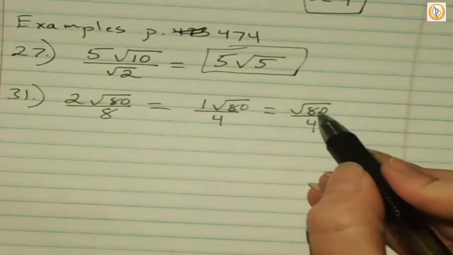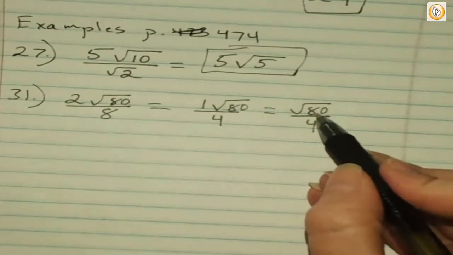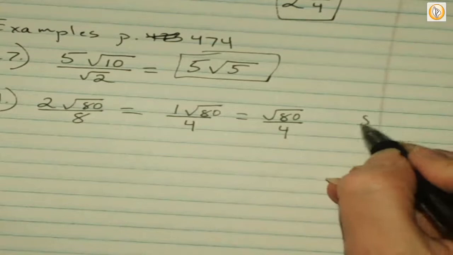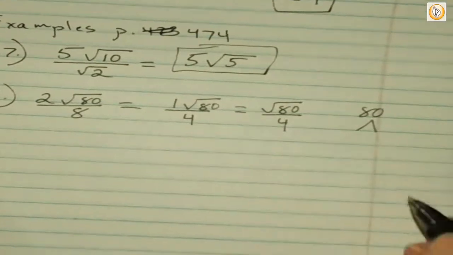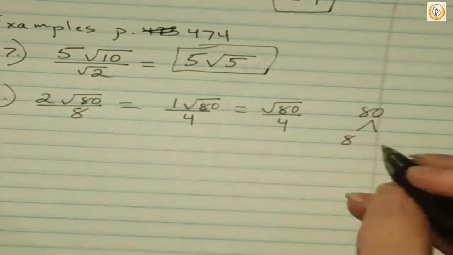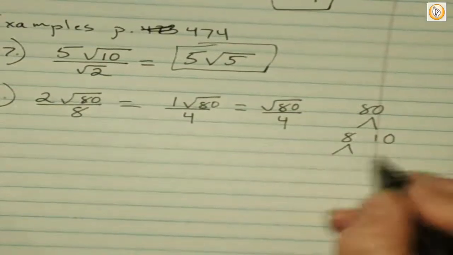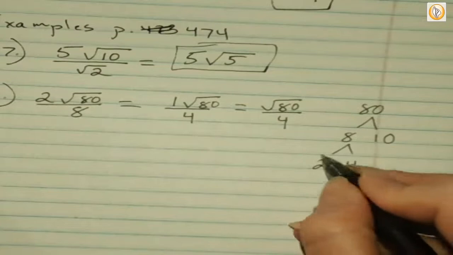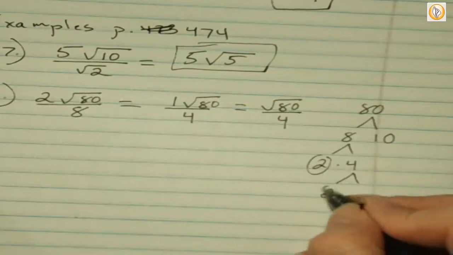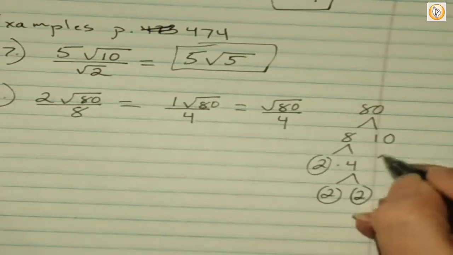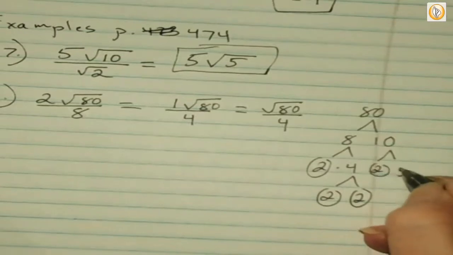Is 80 simplified? No. So we're going to have to do a factor tree. And to save time, because I want y'all to have time to do homework, 8 times 10, 2 times 4, write it with me. I'll let you catch up.